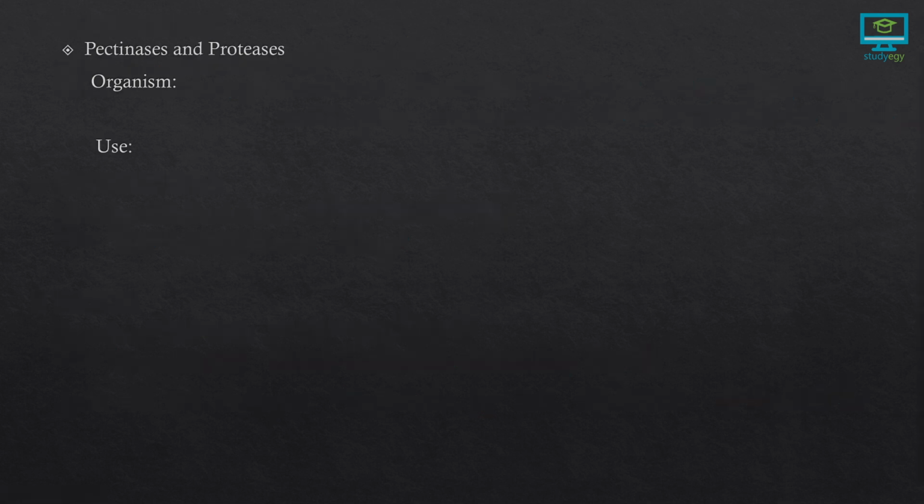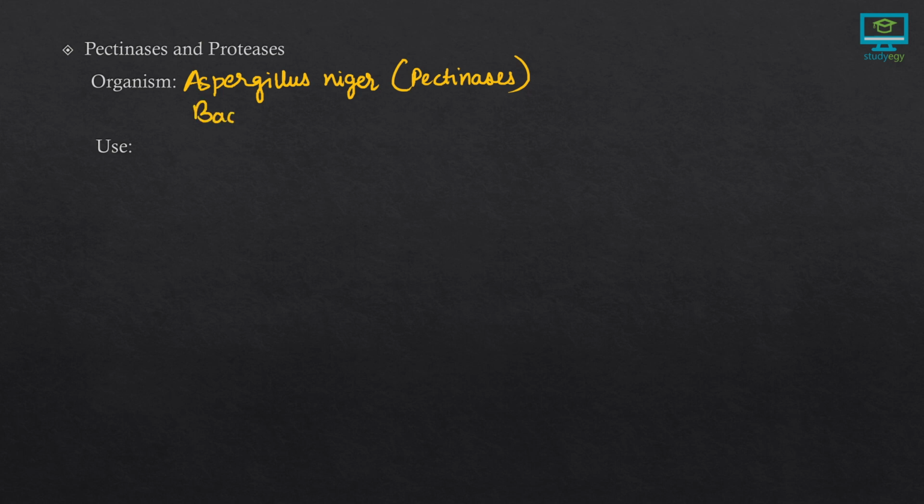Next we have pectinases and proteases. The organisms which produce these are Aspergillus niger, which is responsible for producing pectinases, while Bacillus species are responsible for producing proteases.